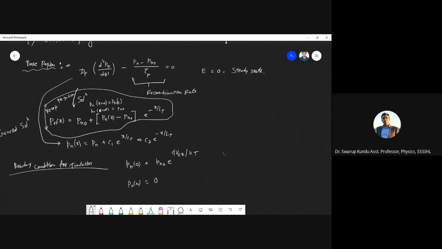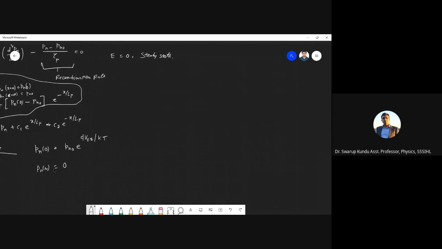So to understand this, let me draw the schematic. Otherwise, it has no meaning. What is W? What is 0? Okay, so let me draw the transistor. This is emitter, base, and collector.